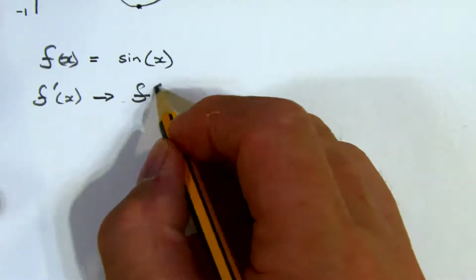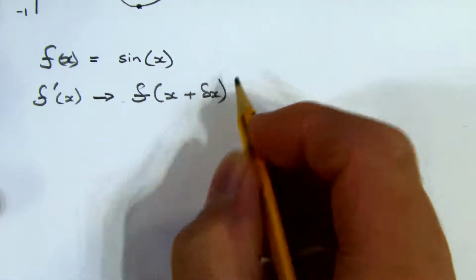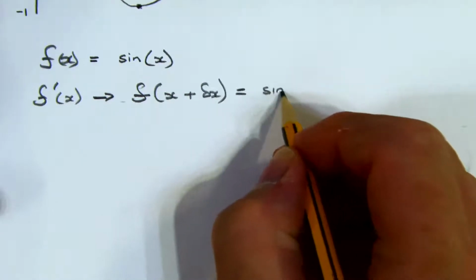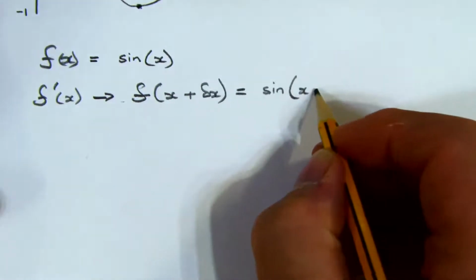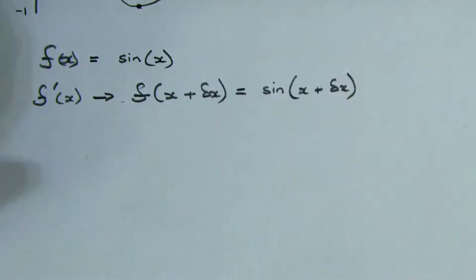So we can say that if we've got a function plus a small amount of that function, that's going to be the same as taking sine of x plus a small bit of x.